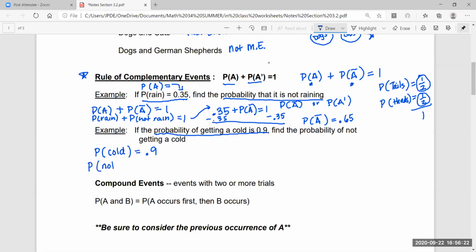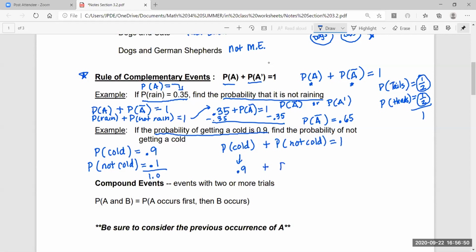Probability of not getting a cold is, well, a lot of you will see it's going to be 0.1, right? Because these have to add up to 1. The probability of getting a cold plus the probability of not getting a cold is 1. This is 0.9.